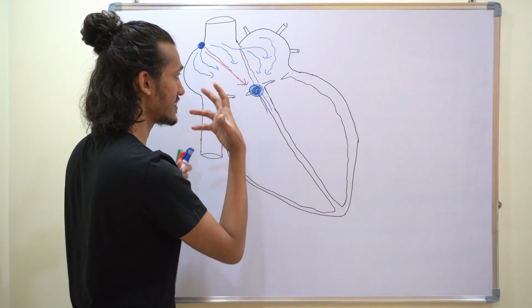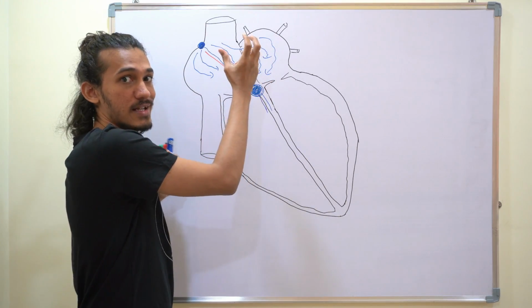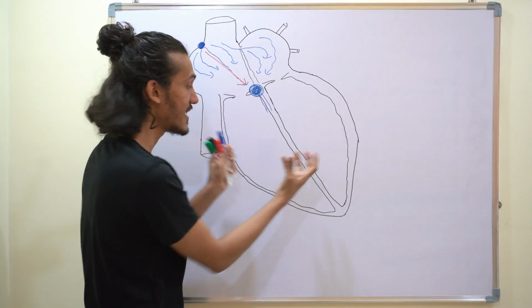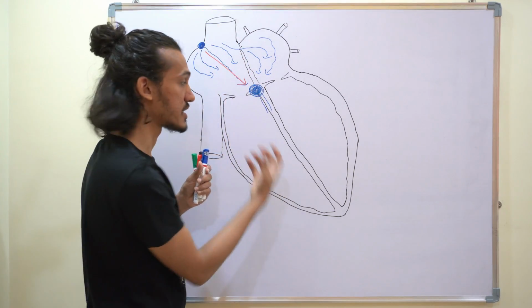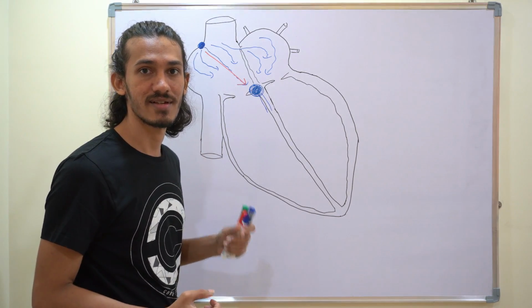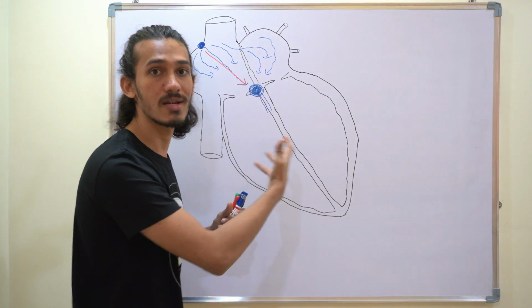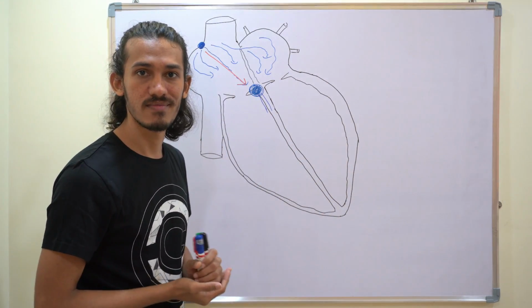But in a scenario where the atria is not contracting fully, it is only partially contracted, and by then the impulses reach over here and the ventricle starts contracting, what is going to happen? Not all the blood from atria has reached the ventricle, and before that the ventricle will start contracting, right? So there won't be enough volume of blood, so the ejection fraction will decrease, right?